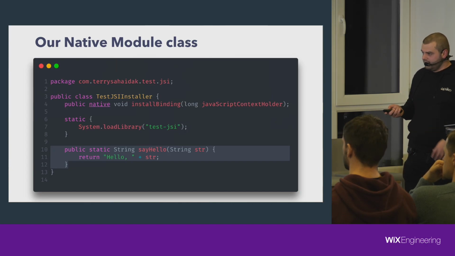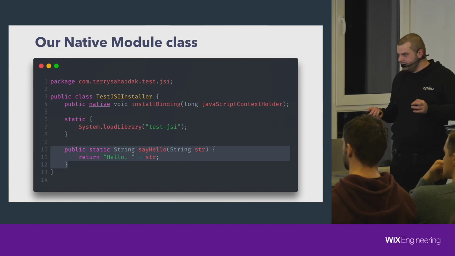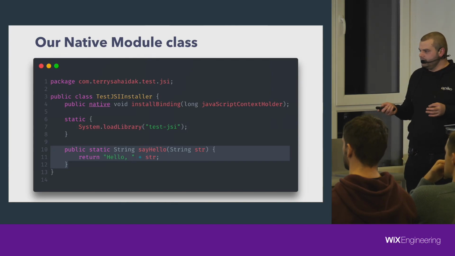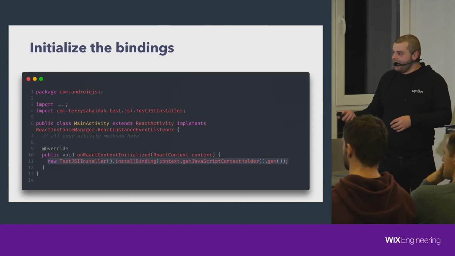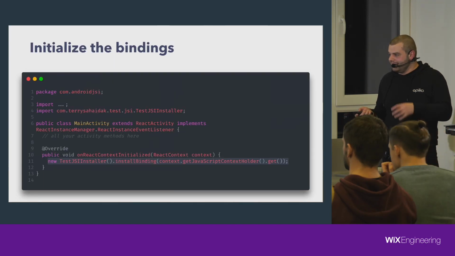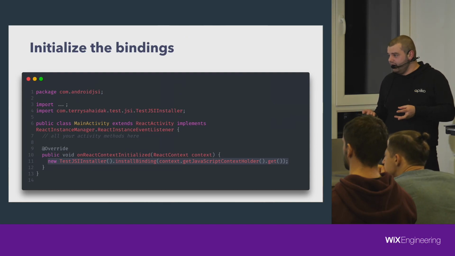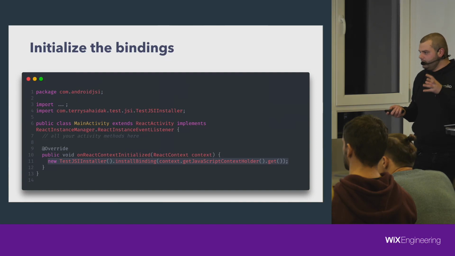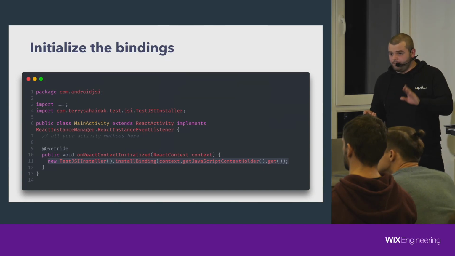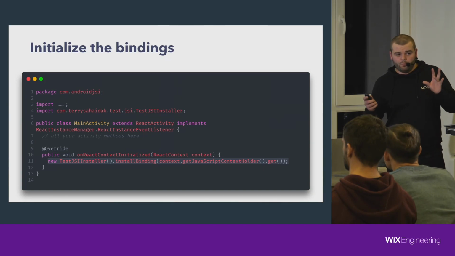It says hello and concatenates the string we are passing, which is a Java string. Next we need to initialize and then install the bindings, and the bindings will be installed by just sending a pointer. Who knows what a pointer is?